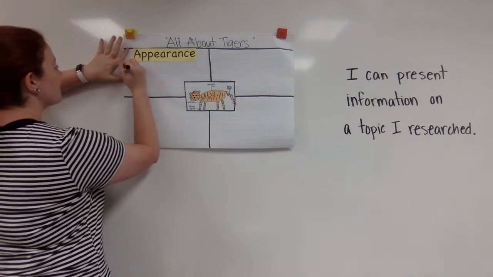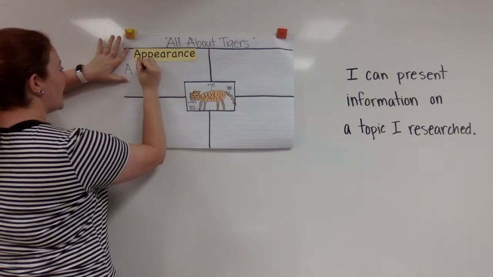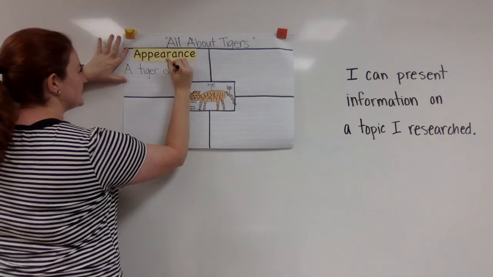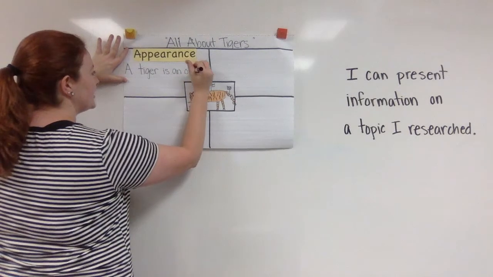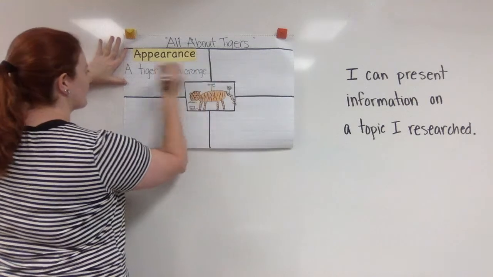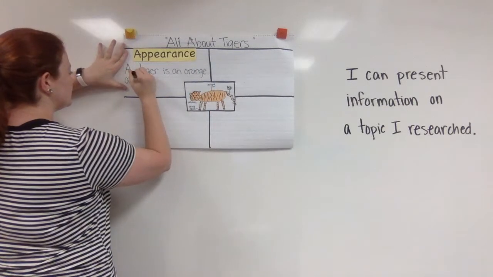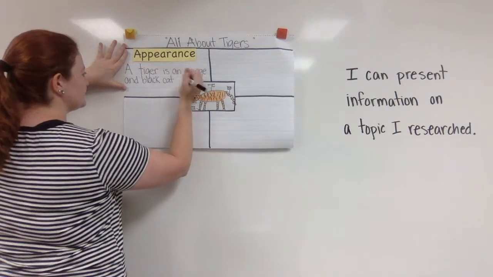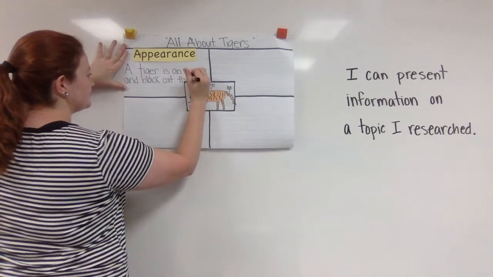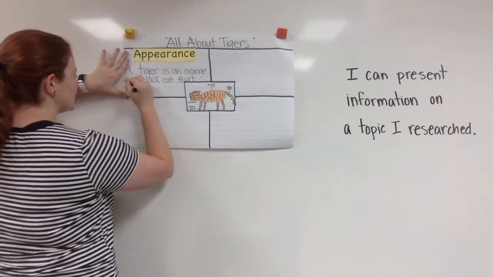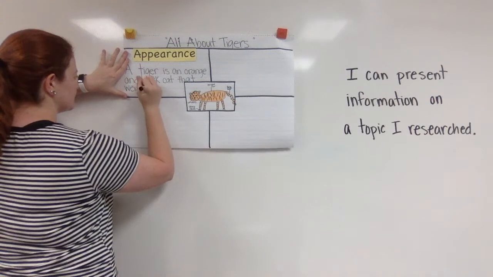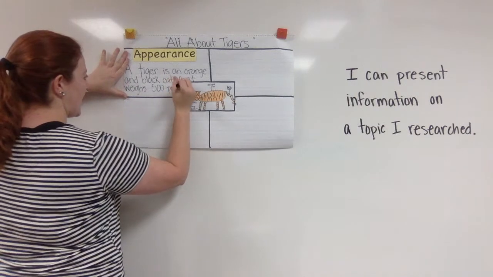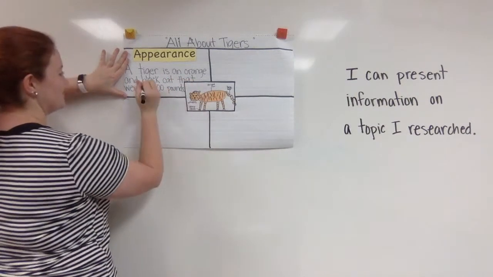I'm going to say, a tiger is an orange and black cat that weighs 500 pounds, period.